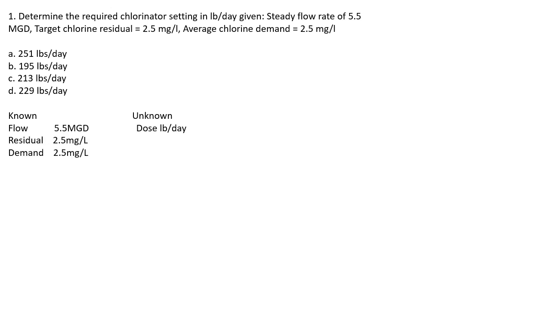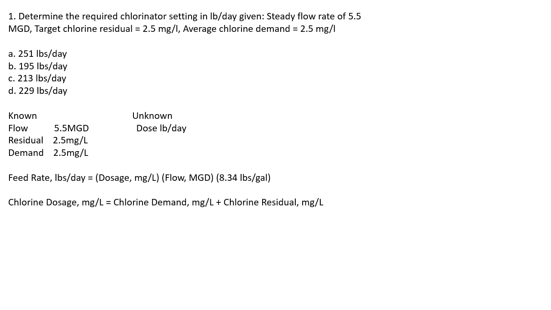What you know is you have a flow of 5.5 million gallons a day, a residual of 2.5 milligrams per liter, a demand of 2.5 milligrams per liter, and what you're looking for is your dose pounds per day. To find feed rate pounds per day, you need the dosage milligrams per liter times flow million gallons a day times 8.34 pounds per gallon.